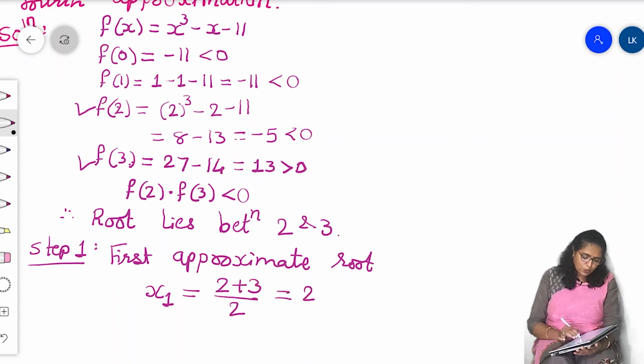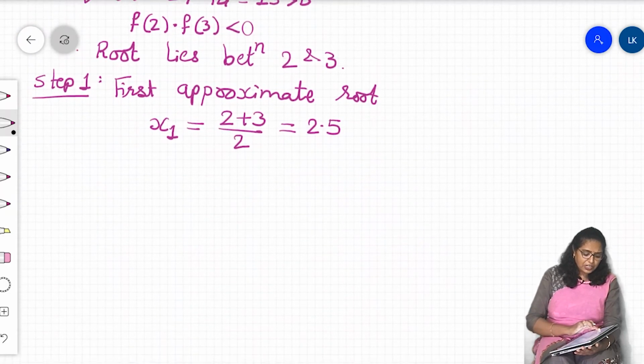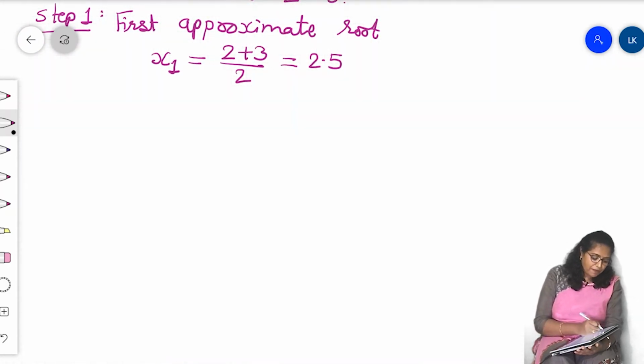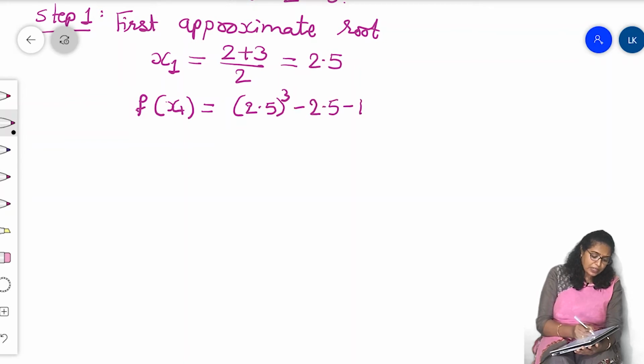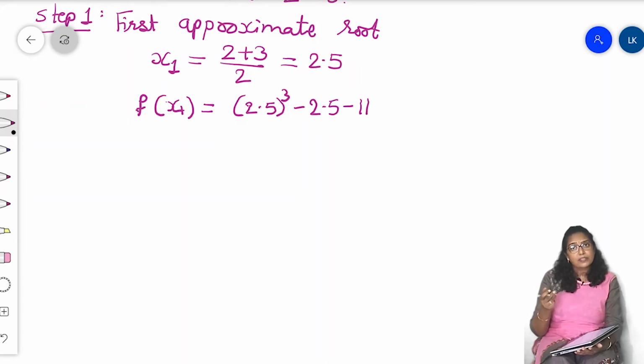It is 2.5. Immediately find out f of x1. F of x1, that is 2.5 whole cube minus 2.5 minus 11. Why? Because fx is x cube minus x minus 11. So replace x by 2.5.